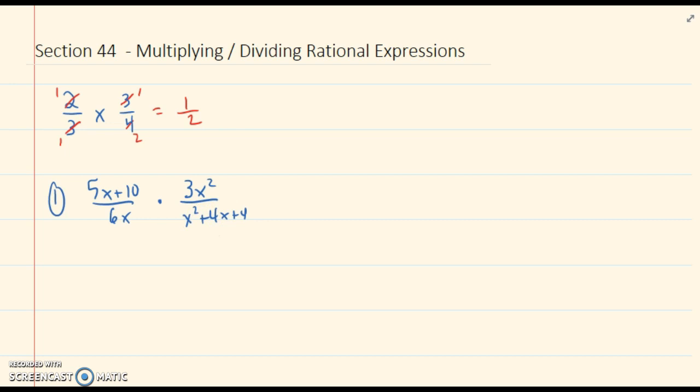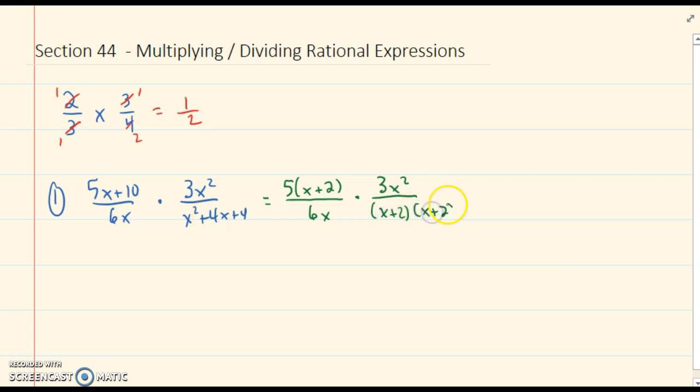Can I take out a greatest common factor? If I look at the upper left, it appears I can take a 5 out, leaving me with 5 times x plus 2. Can't really do anything with that denominator since it's a monomial. In the upper right, there's nothing I can do since it's still a monomial. And in the denominator over here, x squared plus 4x plus 4 will become x plus 2 times x plus 2.